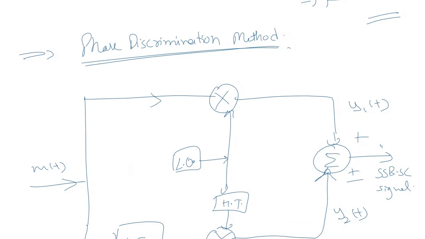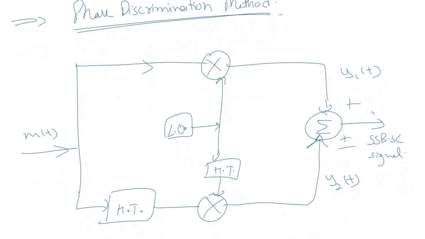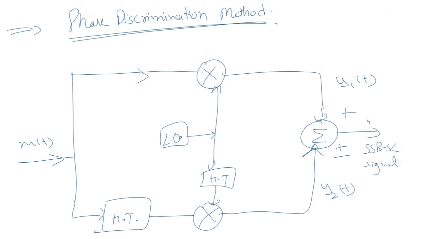This is the circuit diagram for the phase discrimination method. Now let us analyze this method step by step, both mathematically and in terms of graphs. That will give us a better idea.